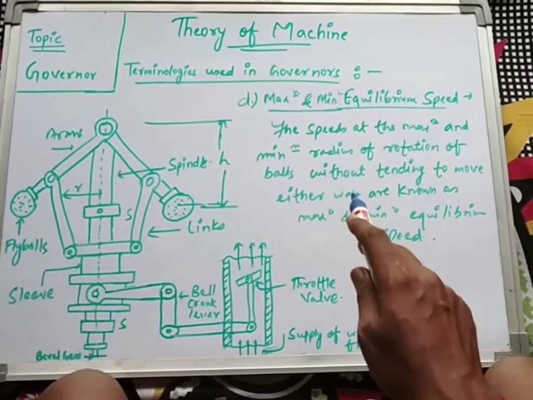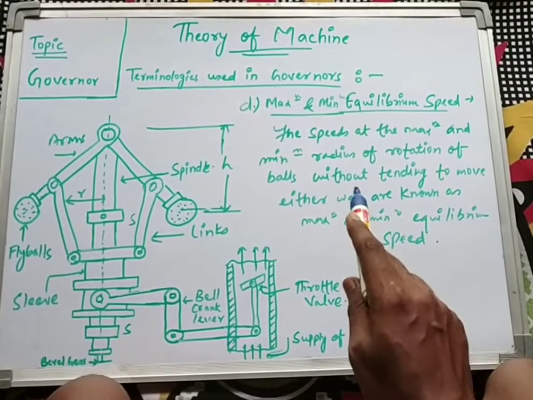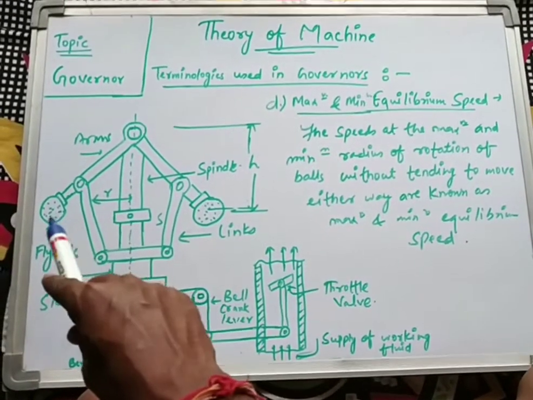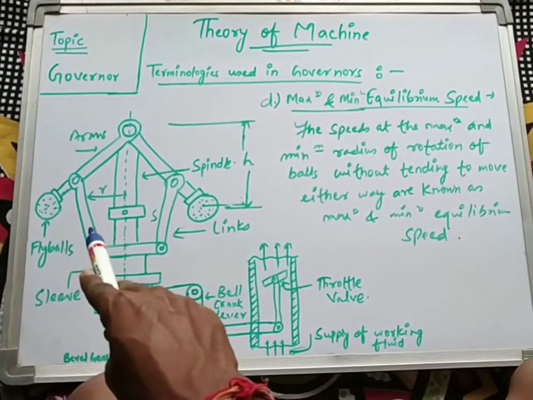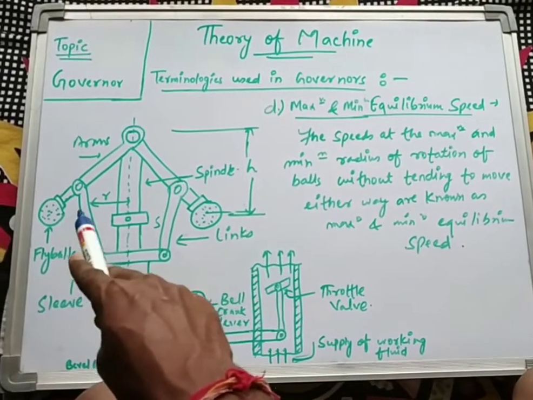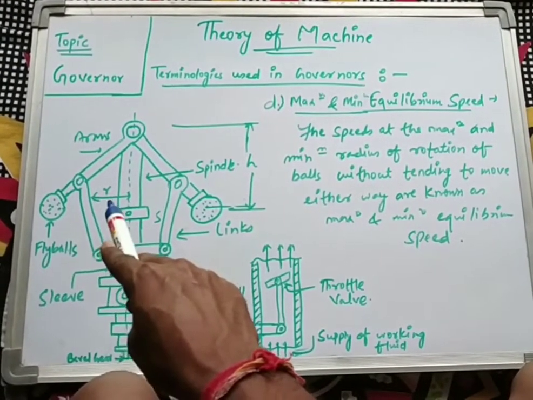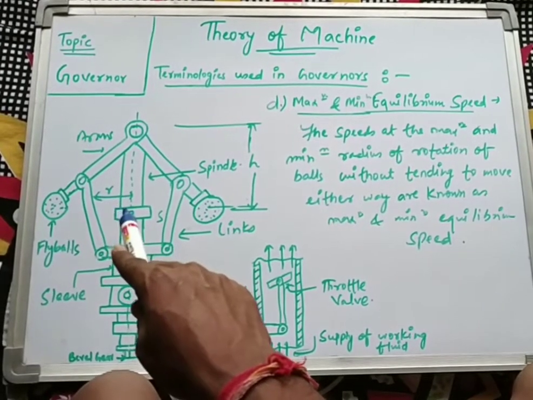So we get through this definition the speed at maximum and minimum radius of rotation. What is the radius of rotation? The distance of the balls from the spindle axis is known as the radius of rotation. Here I denote it by r, so small r denotes the radius of rotation.